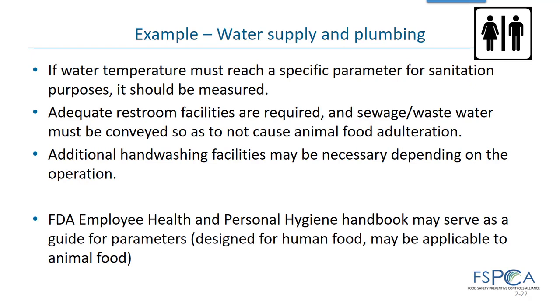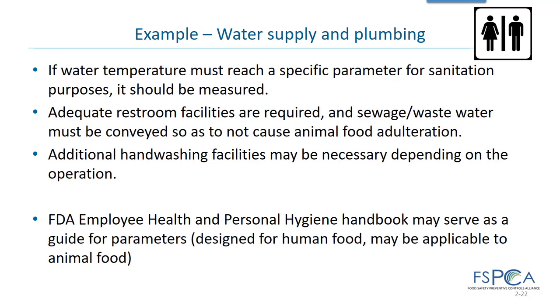So a couple of extra notes here. If your food safety team determines that a specific temperature or pressure is required for proper sanitation, those things should probably be measured so you can make sure you're actually meeting that requirement. FDA does have an employee health and personal hygiene handbook available that could help guide deciding what some of those parameters should be.